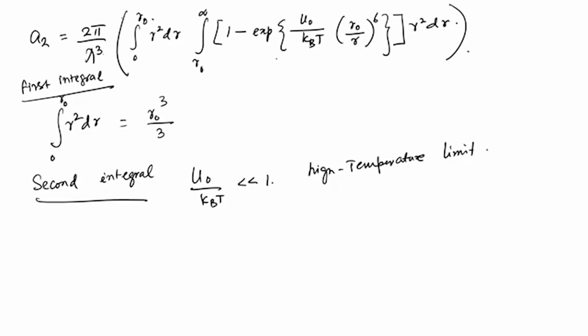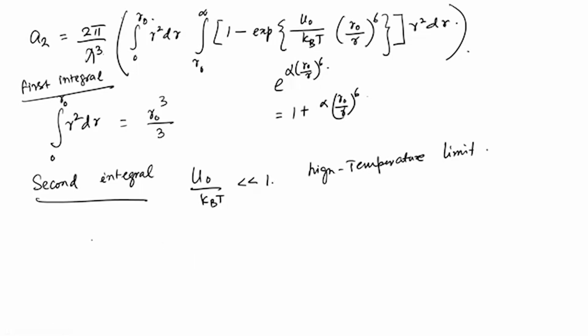So, in that case, what you do is write this as exponential of alpha (r0 by r) to the power 6 and do a small expansion of this. So, this becomes alpha (r0 by r) to the 6 and so on. So, this 1 will cancel with this 1 that you see there, and the integral becomes particularly easy.